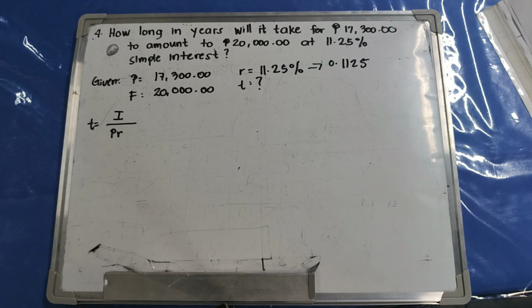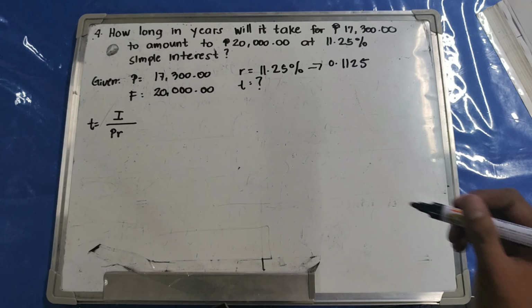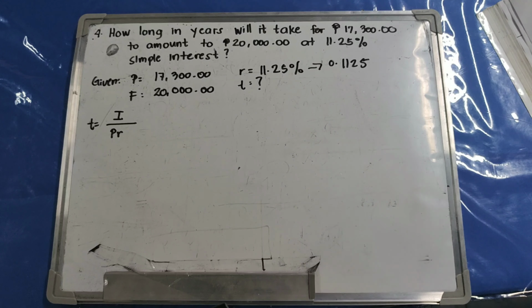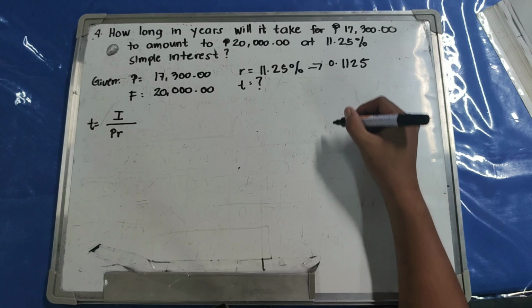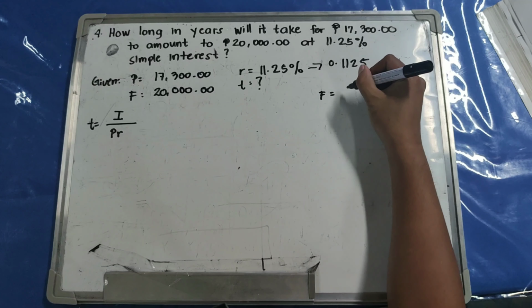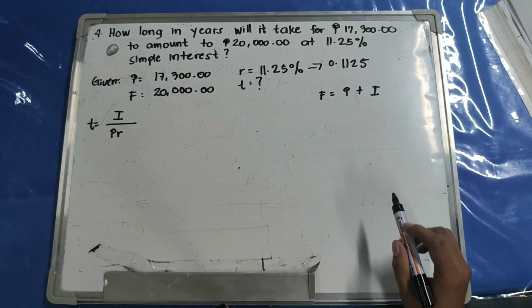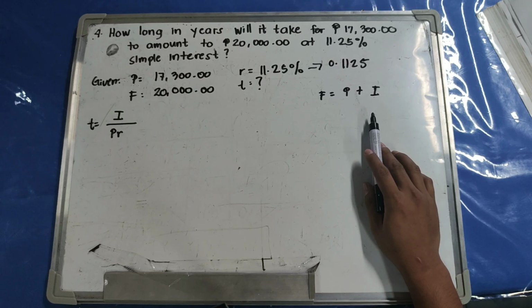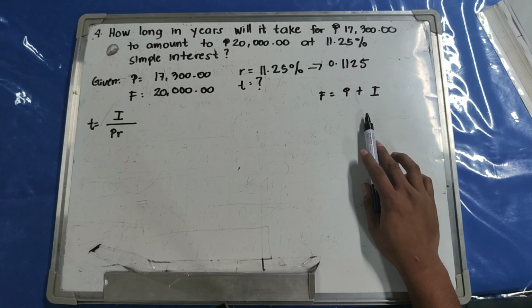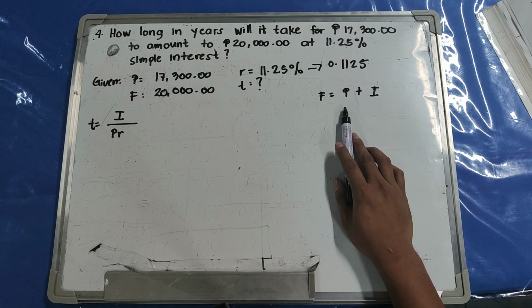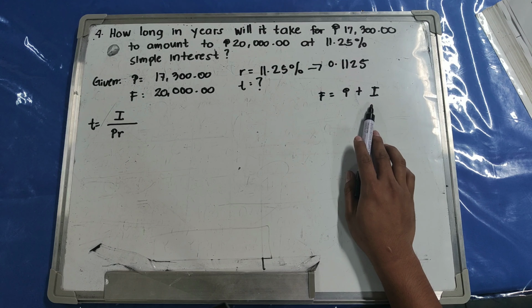So we need to understand what the future value formula is. The future value is equal to principal plus the interest. So we have to use this formula in getting the interest.